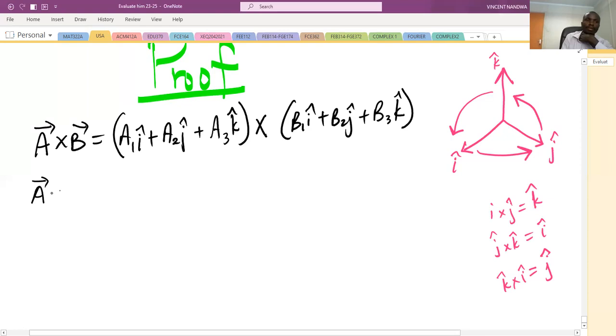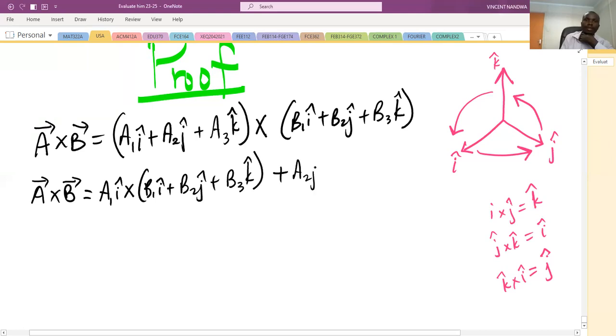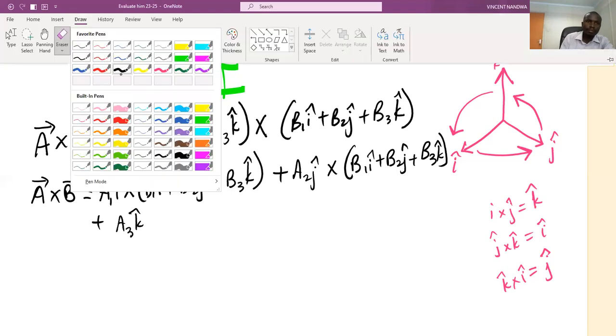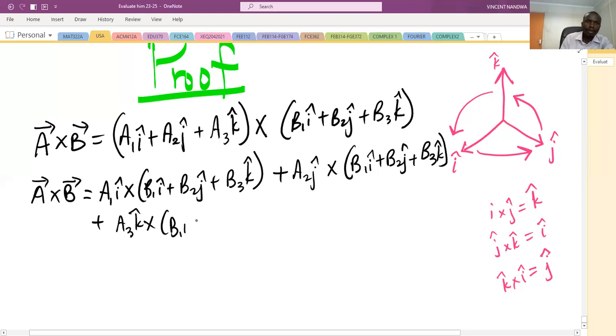So A cross B will be A1i cross this vector B1i plus B2j plus B3k, plus next is A2j cross this vector B1i plus B2j plus B3k, and then plus A3k cross vector B, B1i plus B2j plus B3k.